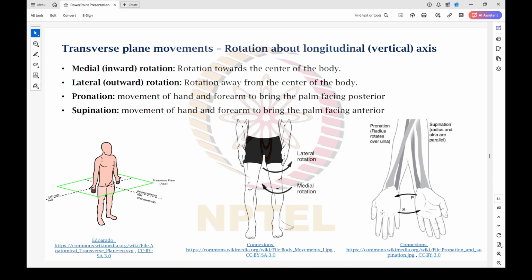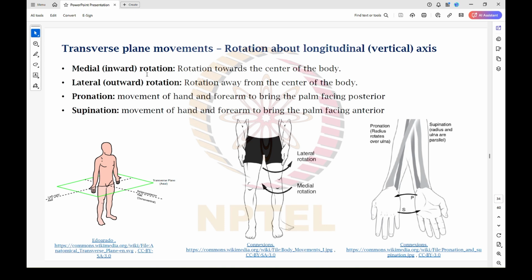The axis which is perpendicular to this plane is the longitudinal or vertical axis, or the craniocaudal axis. So if there is a movement in this plane, it's about the longitudinal axis.